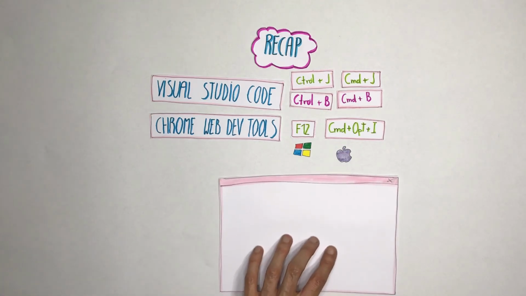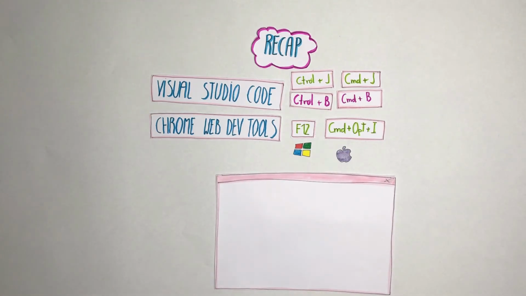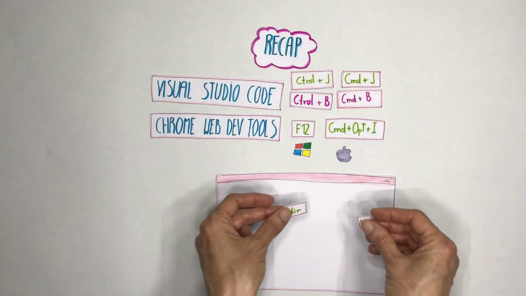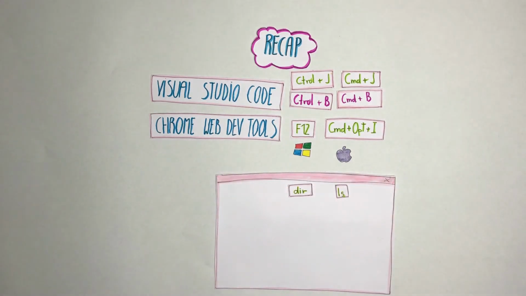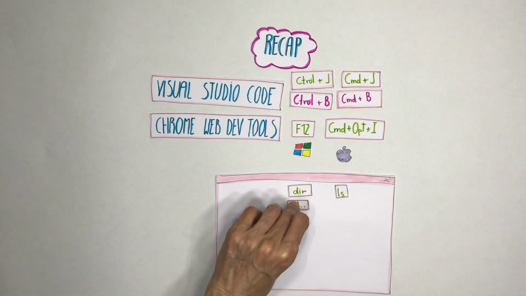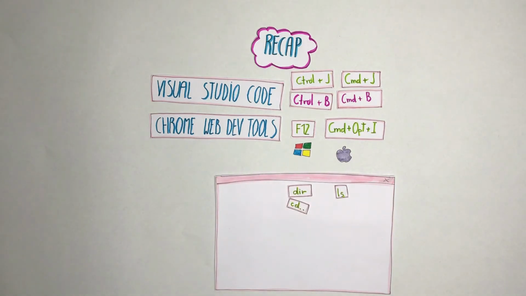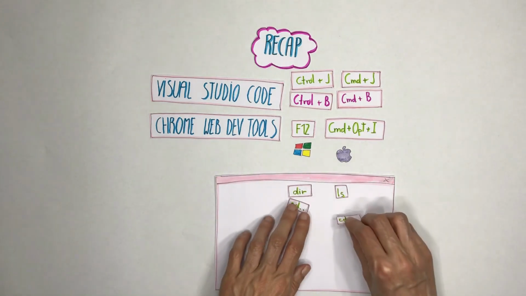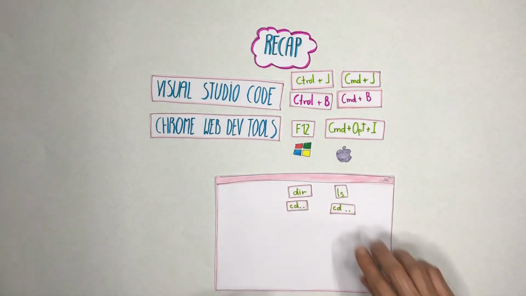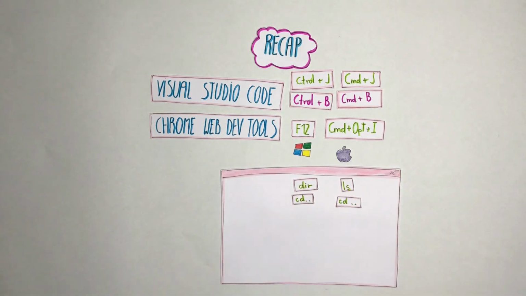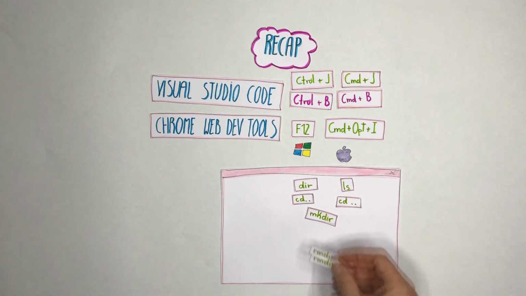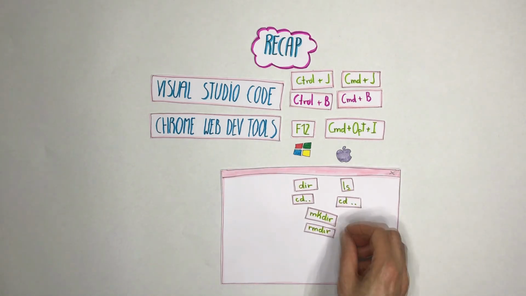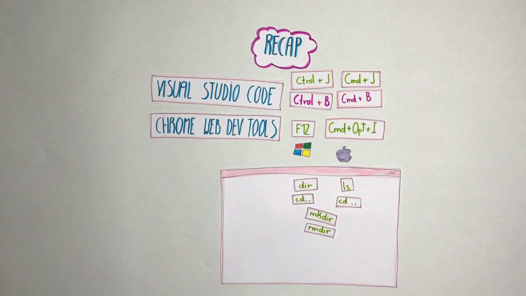We have also learned a couple of commands to work with the terminal. dir if you're on Windows or ls if you're on Mac to list the files in a directory, cd .. or cd space .. for Mac to go to a parent directory, also cd and the name of the directory to go to a child directory, mkdir and the name of the directory to create a directory, and rmdir and the name of the directory to remove it.